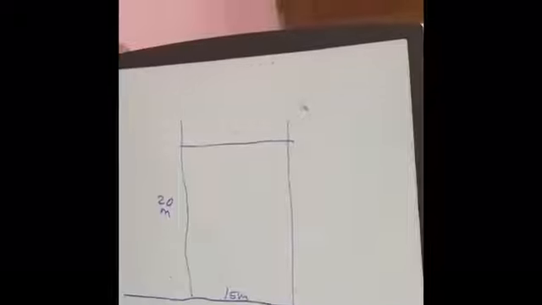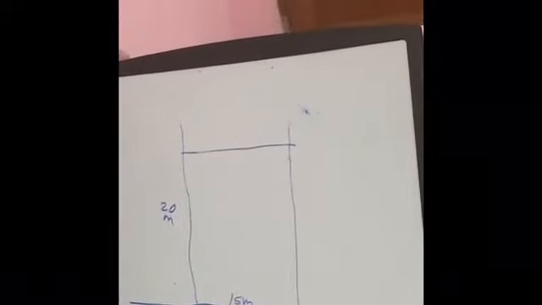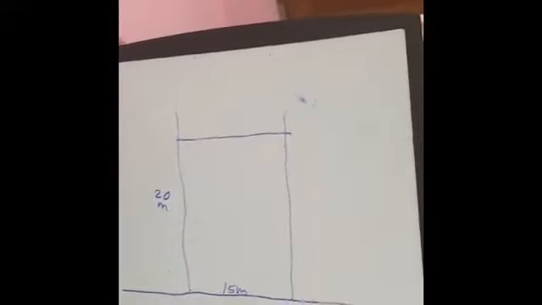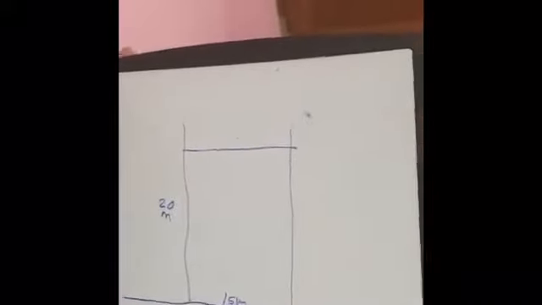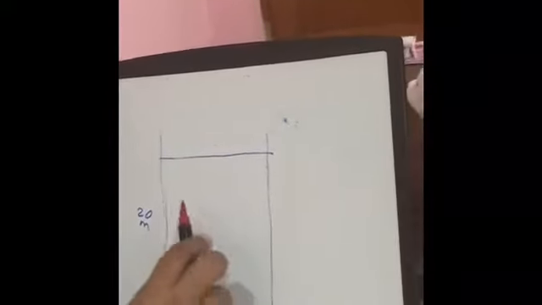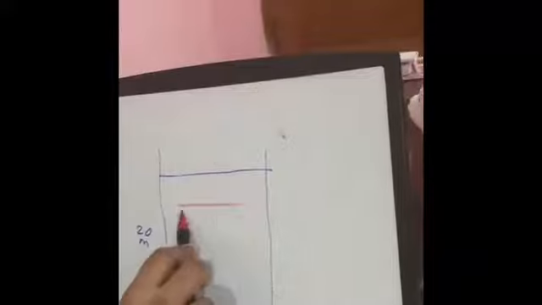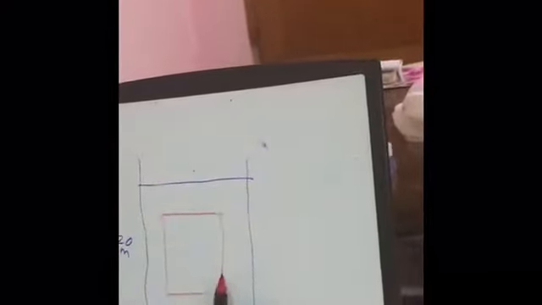The coverage is usually 50% of the plot area, that's 50% of the 300 square meters, that's 150 square meters. That means in this, if we draw the building plinth, this area is 150 square meters.